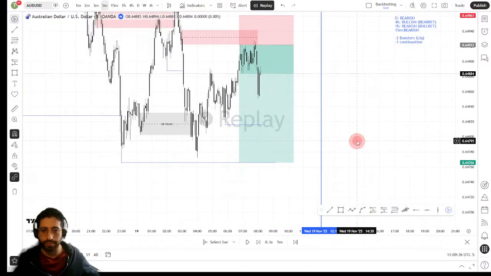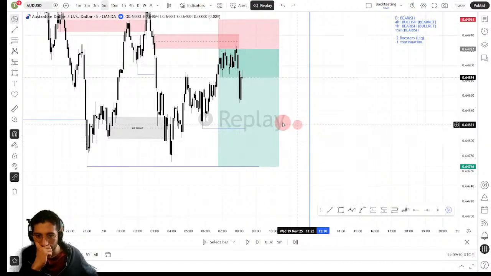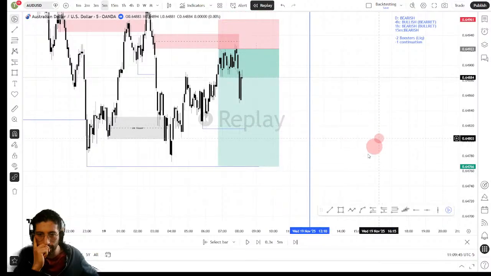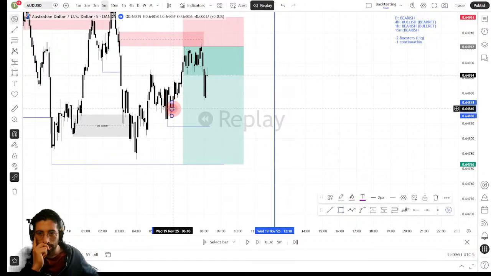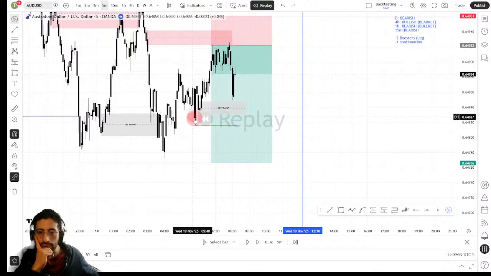There's still money at risk. And now I'm going to analyze another order block trump, which will be this one. This is another order block trump.